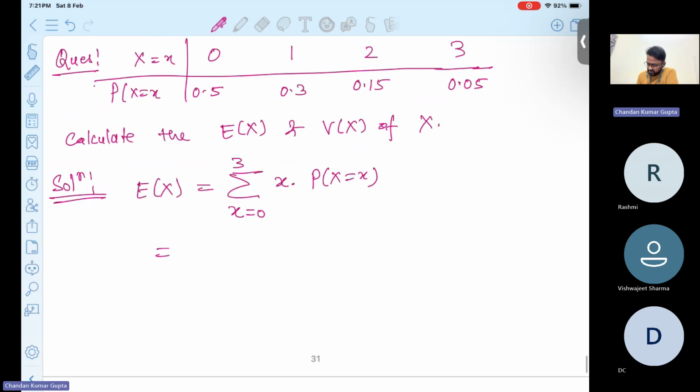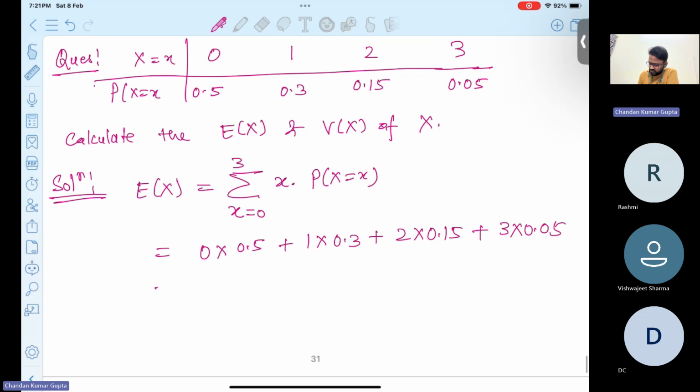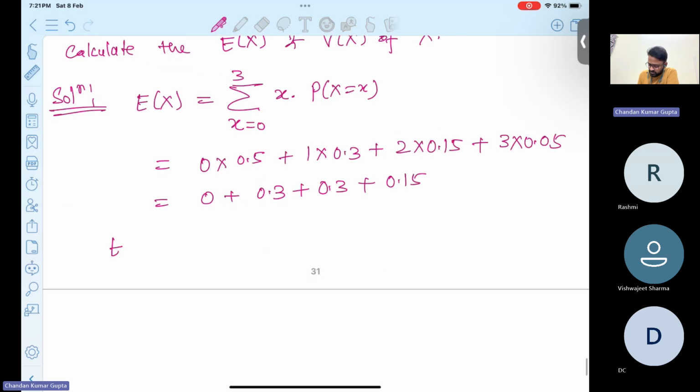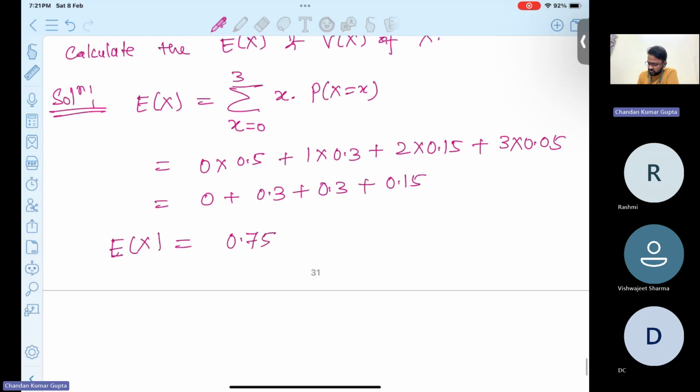So like 0 into 0.5 plus 1 into 0.3 plus 2 into 0.15 plus 3 into 0.05 comes out to be 0 plus 0.3 plus 0.3 plus 0.15. So from here, the expectation of x comes out to be 0.75.